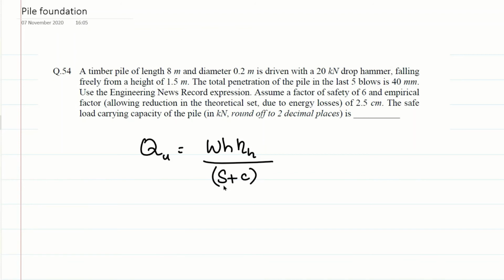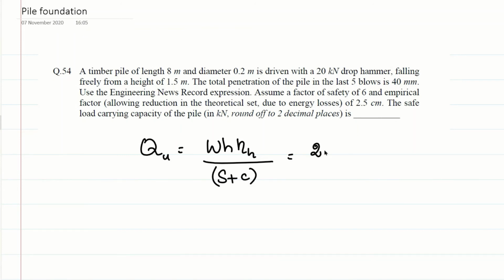And what is S? S is the amount of penetration that has happened for the last 5 blows, so penetration per blow. And C, the correction factor, which they have mentioned as 2.5 centimeter. So just directly substitute the values in the formula.